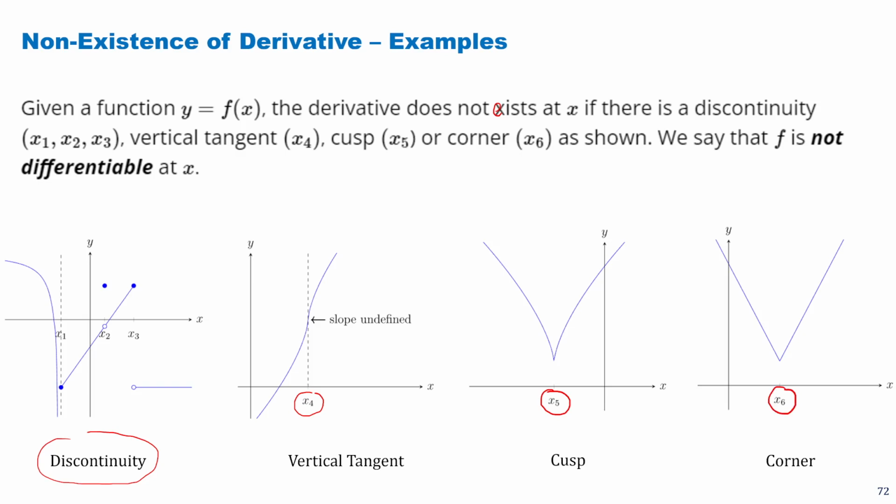We say that f is not differentiable at such x values. Okay, there are 4 typical cases where a function does not have a derivative: discontinuity, vertical tangent, cusp, or corner.